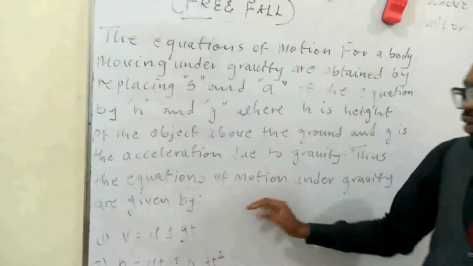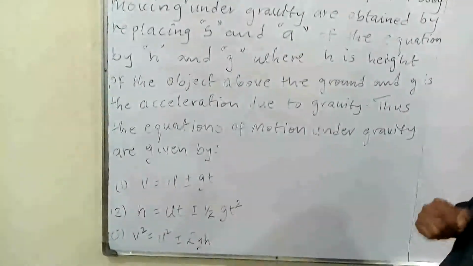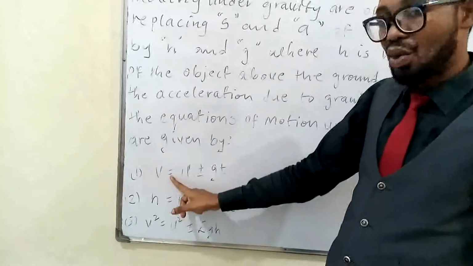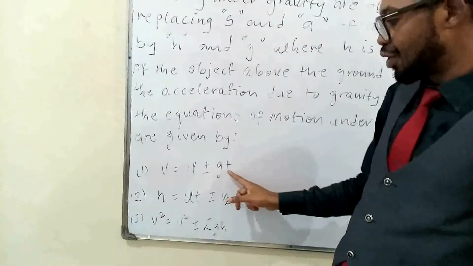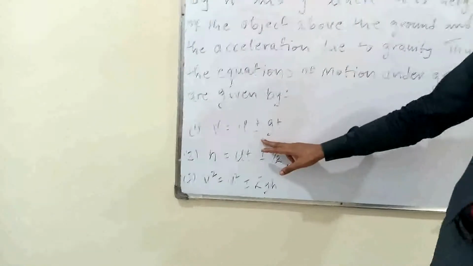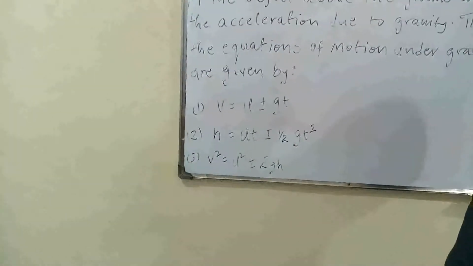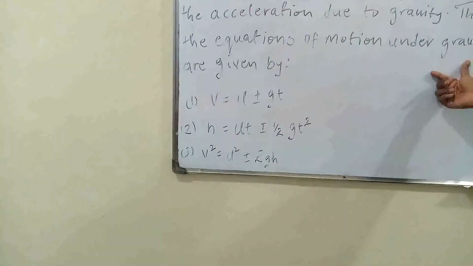Thus, the equations of motion under gravity are given by: the first is V equals U plus or minus GT. That's the first equation of motion under gravity.